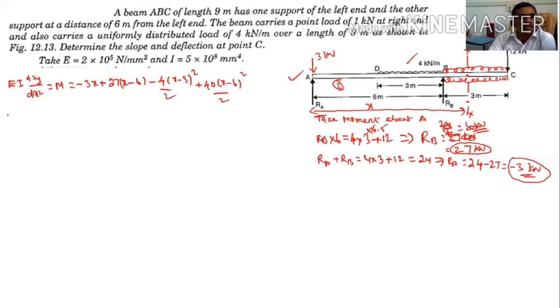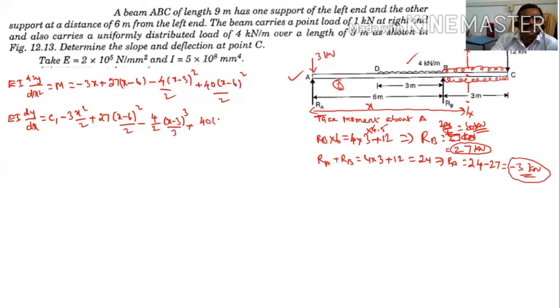So this is the equation. Integrate two times, you will get EI into dy by dx is equal to, you put the constant first, C1 minus 3 x square by 2 plus 27 x minus 6 the whole square by 2 minus 4 by 2 x minus 3 the whole cube by 3 plus 40 into x minus 6 the whole cube by 3.